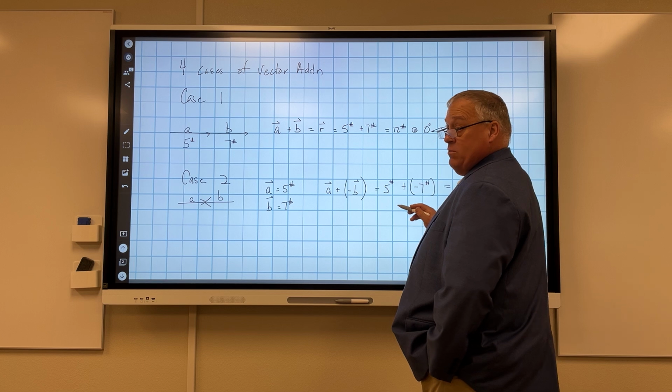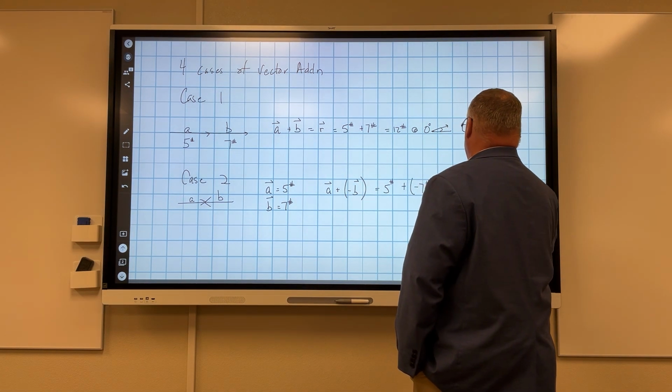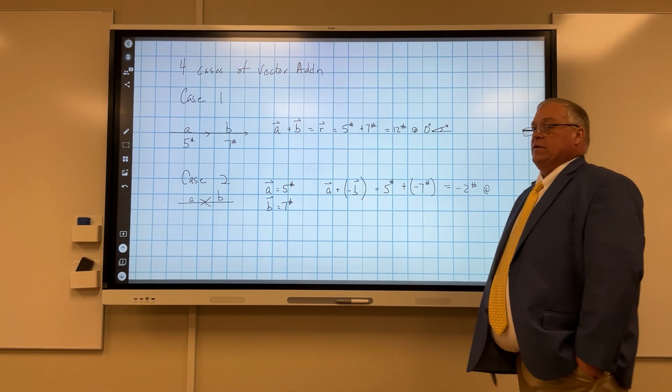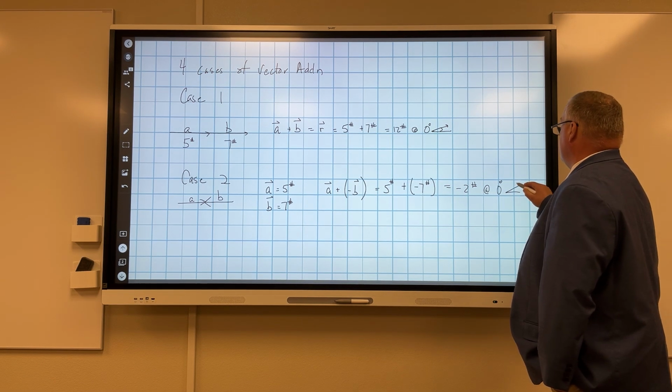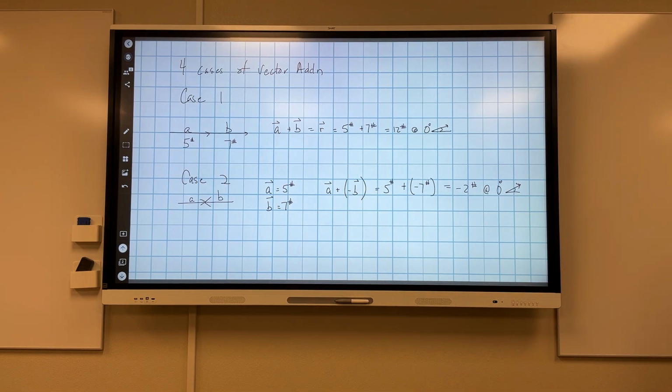Our mathematical people here that can do math in their head? A negative 2 pounds at what angle? Still 0 degrees. Or, if we want to be different, we could say that it's 2 pounds at 180 degrees. 2 pounds at 180 degrees.